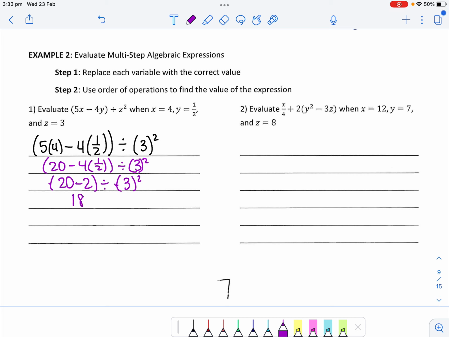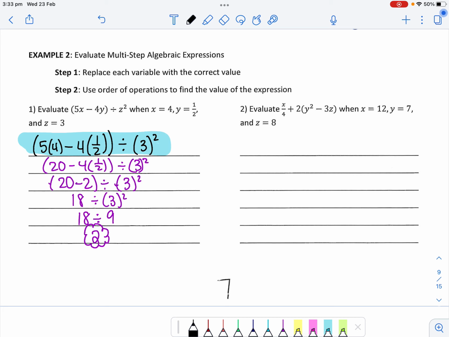And then I'm going to have 18 divided by 3 squared, and then 18 divided by 9, and 18 divided by 9 is 2. So again, following order of operations after I have substituted those values. So the only new piece is this very first line right here, where I was substituting those values in.